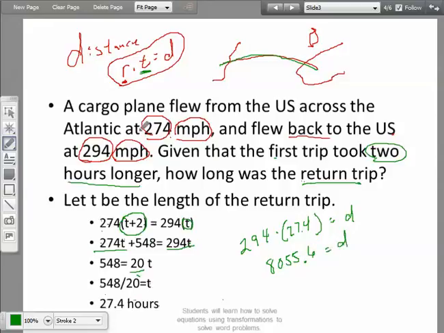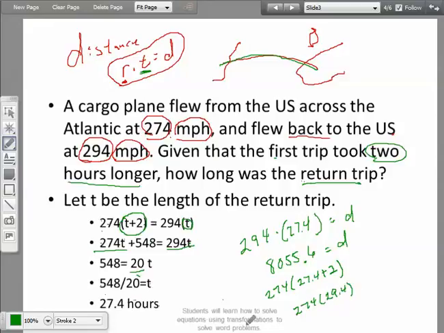But is that the same distance they flew on the other way? Let's try that one. 274 times 27.4 plus 2, because it was 2 hours longer. So that's going to be 274 times 29.4.